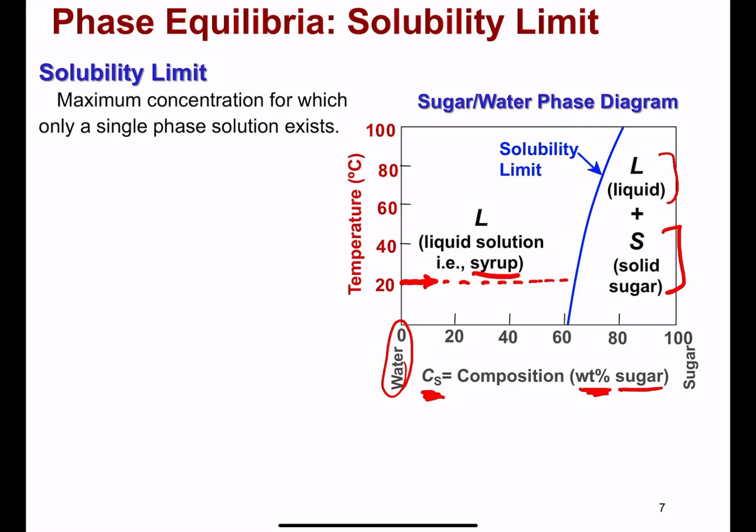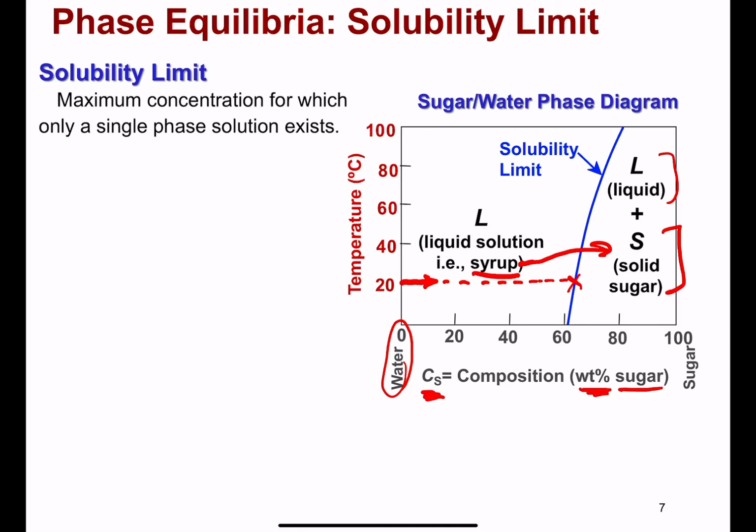Okay, and so ultimately, you can see here that this phase diagram would teach us that we have a solubility limit where only so much sugar can be dissolved, where we eventually transition the mixture from a syrup to a two-phase domain where we have liquid and solid sugar coexisting.